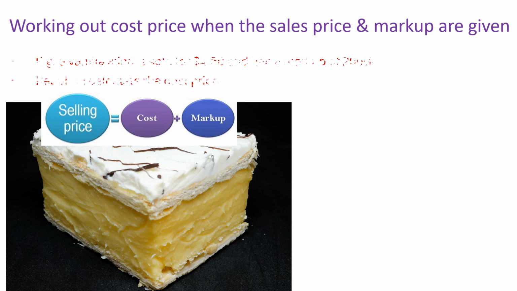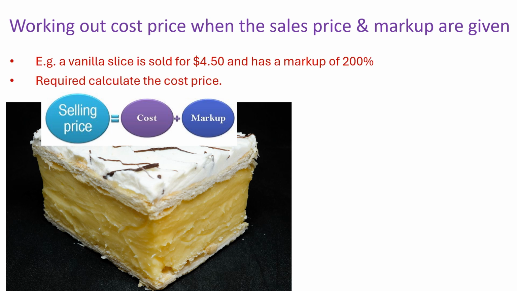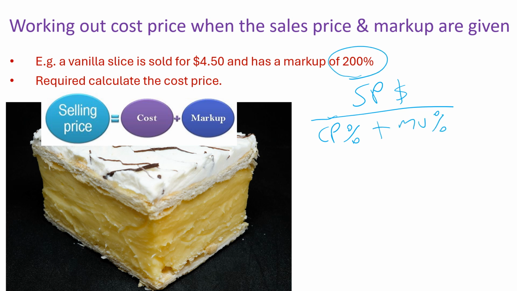Now, what do we do if it's the other way around? If we're told the sale price and the markup percentage, and we have to work backwards to calculate the cost price, here's my approach. We create a formula. Our numerator will be our sales price in dollars. We'll divide that by our CP as a percentage, which will be 100 always, and our markup as a percentage as well, which you'll be told in the scenario.